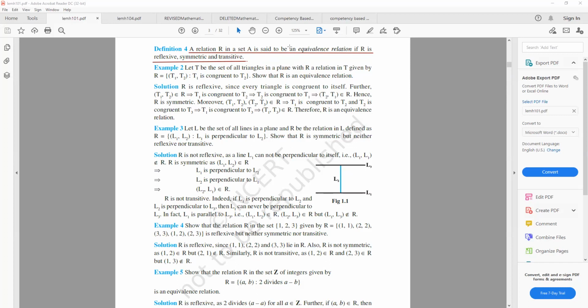If one triangle is similar to second triangle, then the second triangle is similar to the first triangle, so symmetric. If one triangle is similar to second triangle is similar to third triangle, then automatically first triangle is similar to third triangle, so transitive. That's similar to relation in the set of triangles. It is reflexive, symmetric, and transitive, so it is equivalence relation.